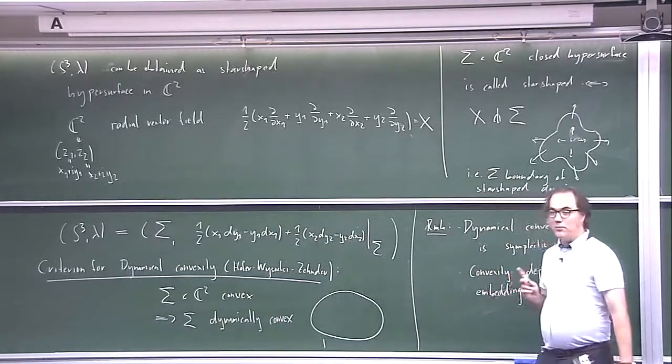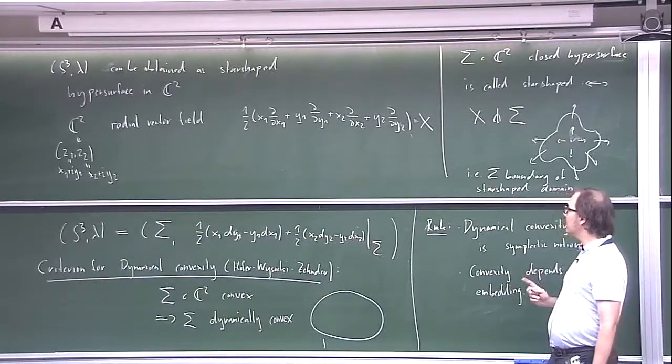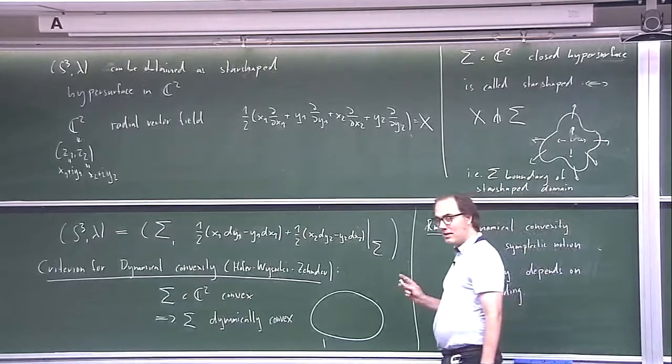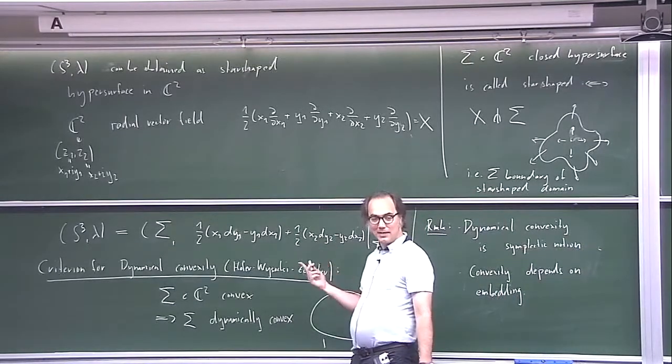And here is actually an open problem: find an example of a dynamically convex star-shaped hypersurface which does not admit a convex embedding.